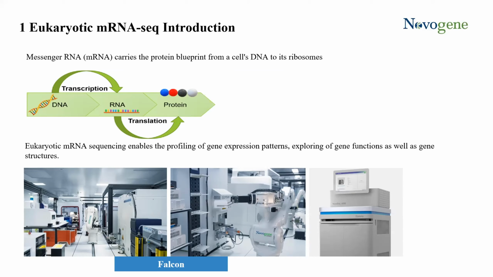So when we have the information about messenger RNA, you will get to know all the genes functionally present in the cells, the proteins expressed in the cell. Thus, if you do eukaryotic mRNA sequencing, what you are getting is the complete gene expression pattern, and also you will have information on gene function and gene structure.